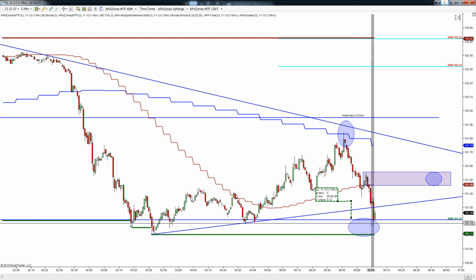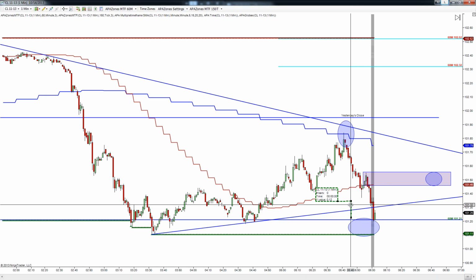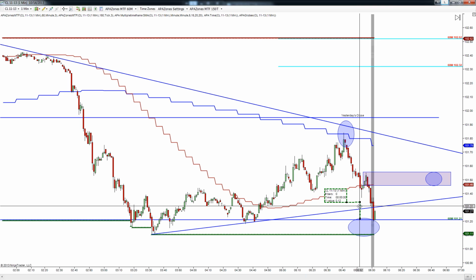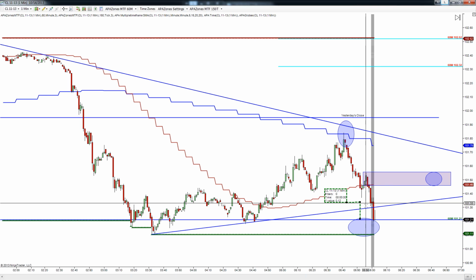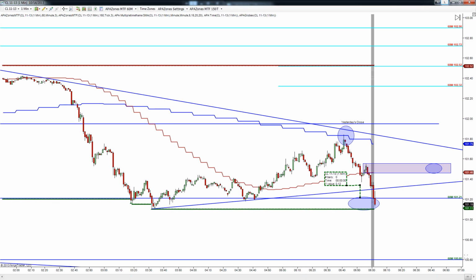Okay, so it's bouncing off that 60-minute level right now, or I should say touching off of it. Now, even though we know that it's clearly touched the zone, technically speaking, that's no reason to get into this trade. It is a blue zone, so price has been there at least once. But where is this thing really going to stop? We don't know yet. The Globex low really isn't that far away.